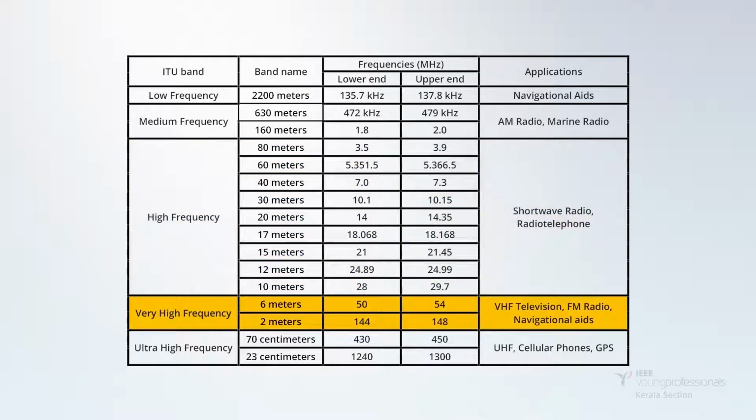For VHF, we use it for VHF television, FM radio and navigational aids. These navigational aids in the VHF band are mainly used by fishermen at sea. And finally, the UHF frequency band was used in the earlier days of cellular phones and even in GPS communication.